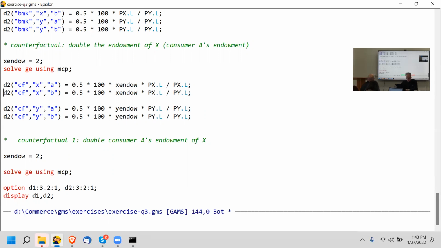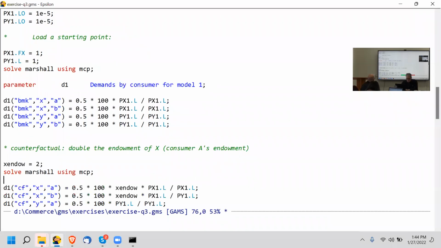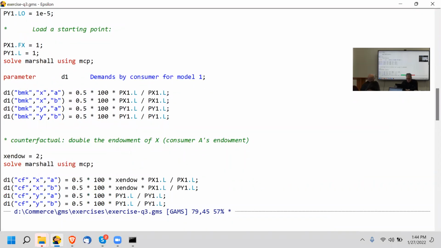Oh, and here I have the wrong one. This should be by PX. I see where the error is. That's PX. It should be PX1. X is wrong.